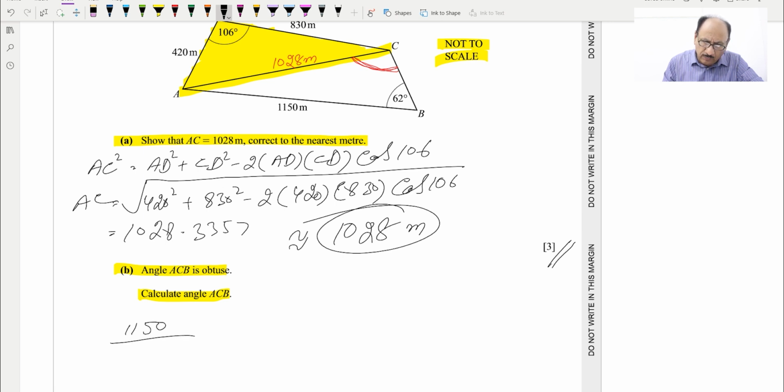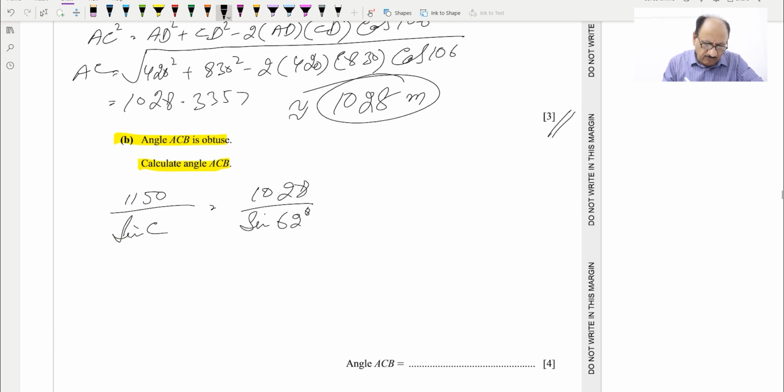So now we can apply sine rule, and sine rule will be 1150 over sine of C will be equal to 1028 over sine of 62 degrees. So this is how sine rule we have applied.